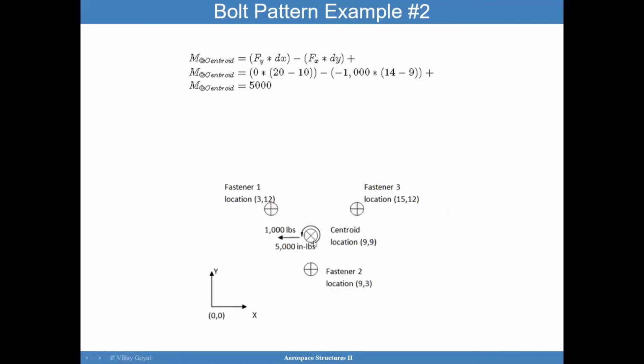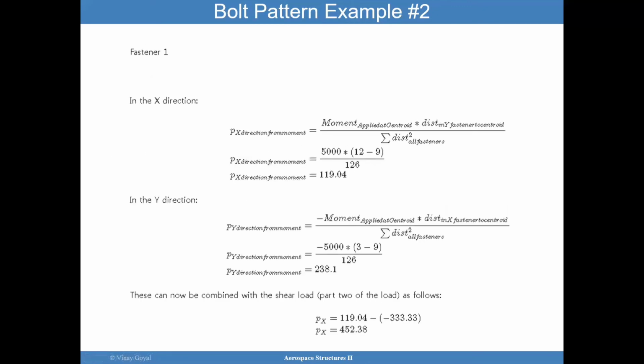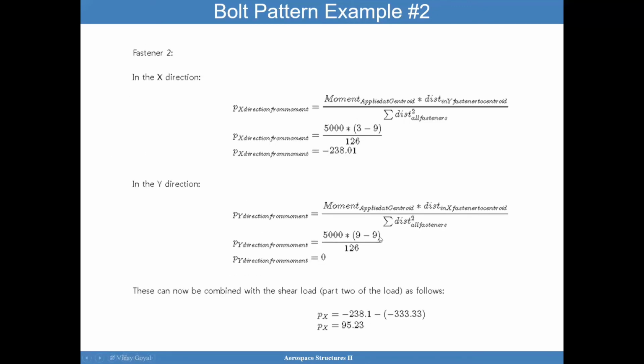You can see that they're aligned. So 9 minus 9 is 0, divided by 126. And then the direction of the force in the y direction in that fastener is 0. So I can calculate then the shear load due to the shear only and the moment also as well.